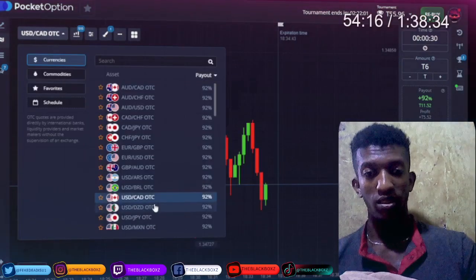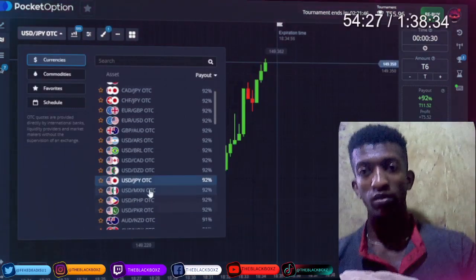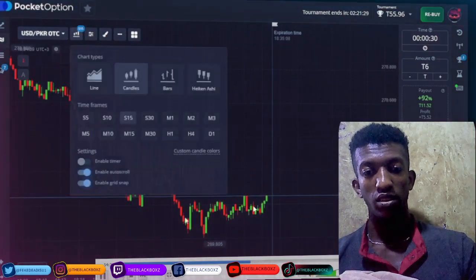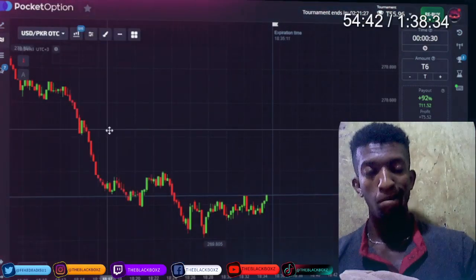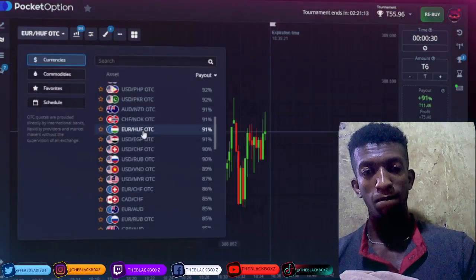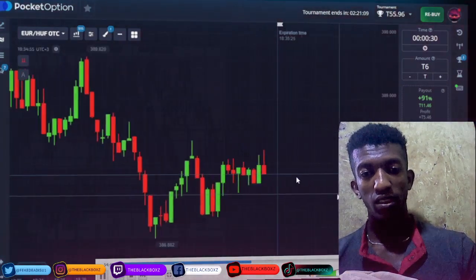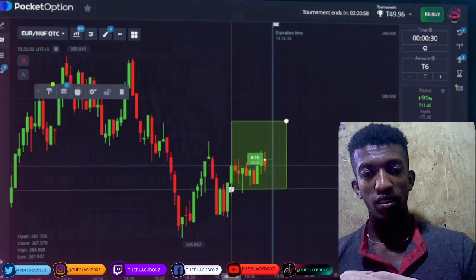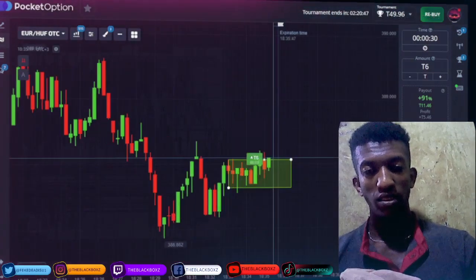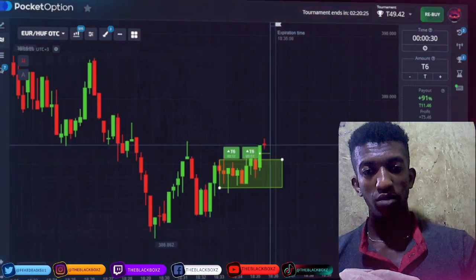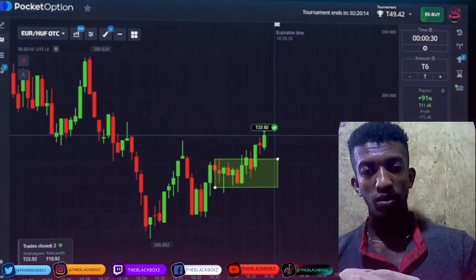This is crazy. Another buy here. Another buy here. Retest right here. So as you can see, it moved up, it moved up, it moved up.